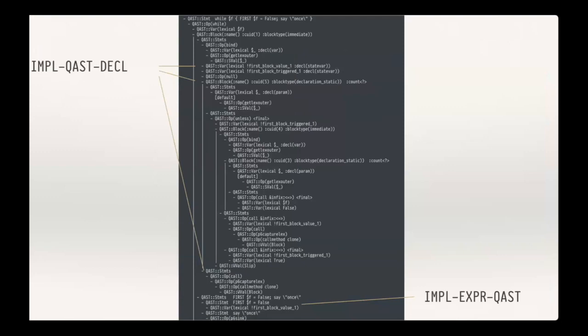So this is what the cast looks like. Let's just say that there's a big chunk of cast declaration here, stuff that's generated by IMPL cast decl.